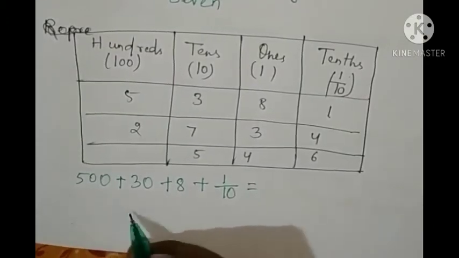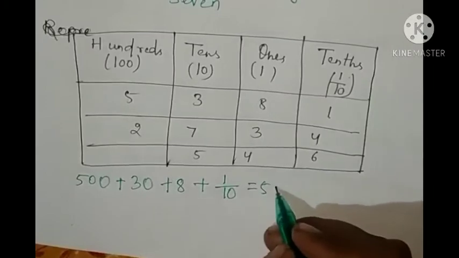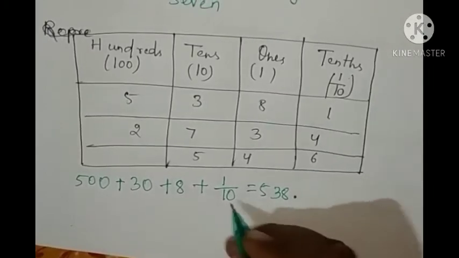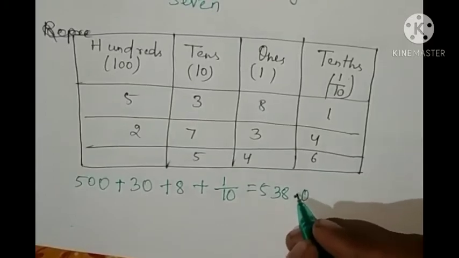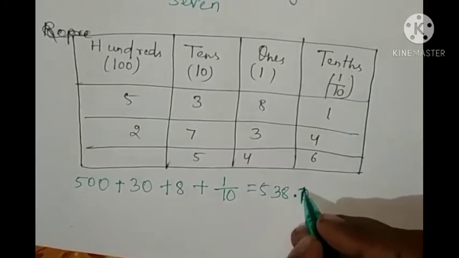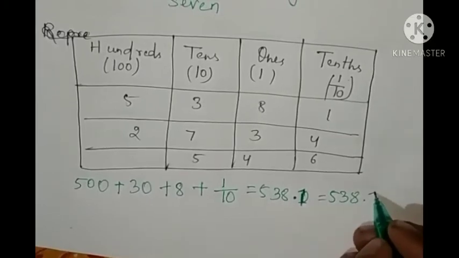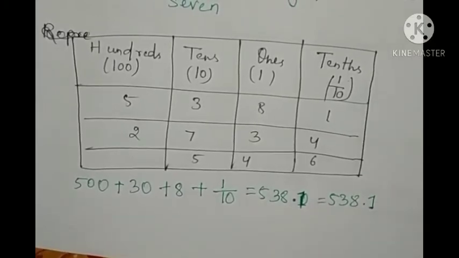So what can we write? 538.1. Again I am writing 538.1. Like this we can write.